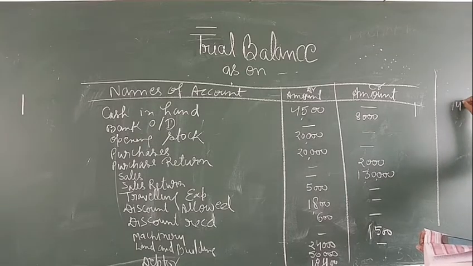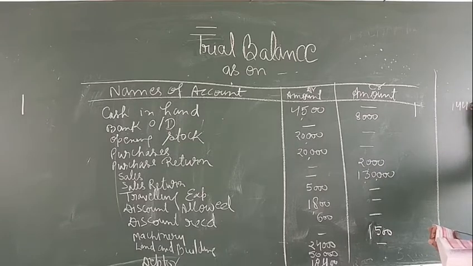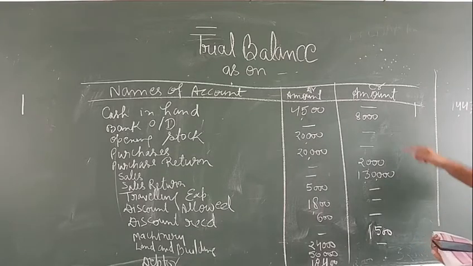The total will come 1,44,300. And in the credit side we will add all these amounts.